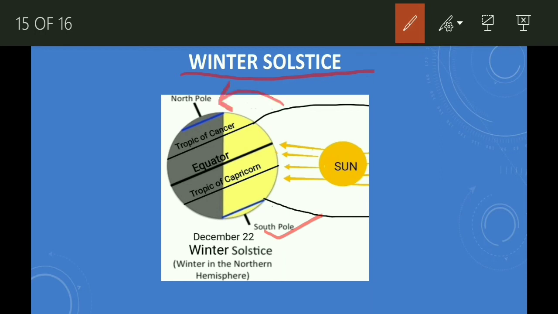As you can see in the image, children, the northern hemisphere is bent away from the sun, and the sun's rays fall directly on the southernmost point of the earth, that is the Tropic of Capricorn, which means the sun's rays fall directly on the Tropic of Capricorn on this day.